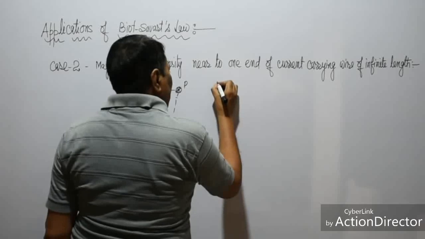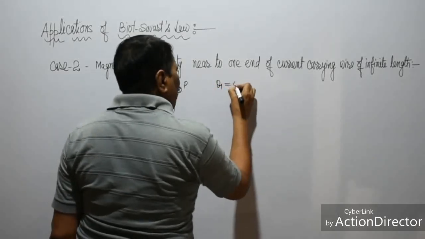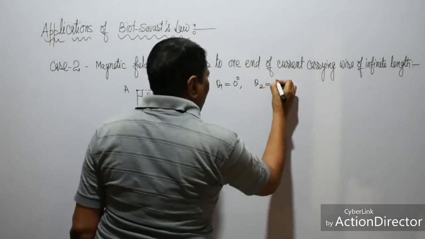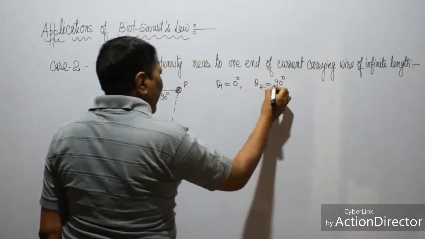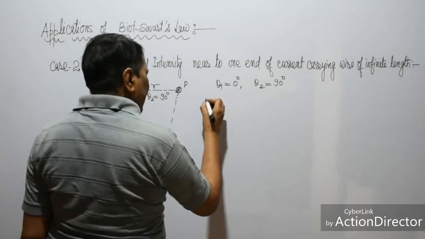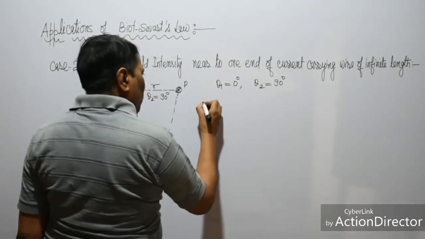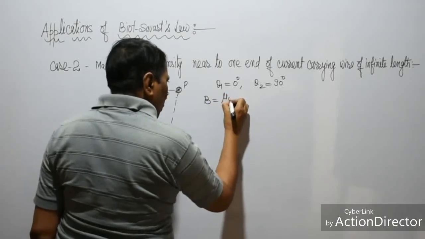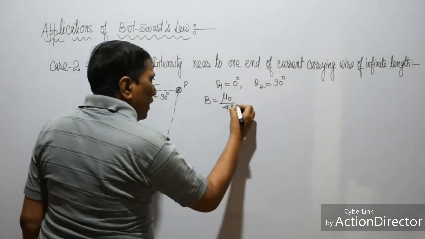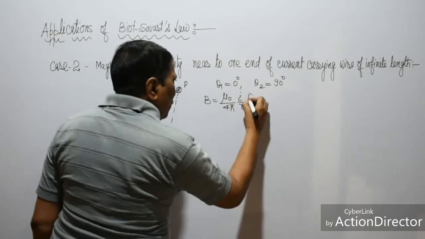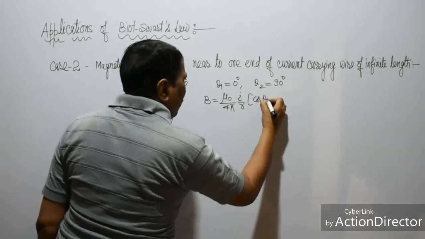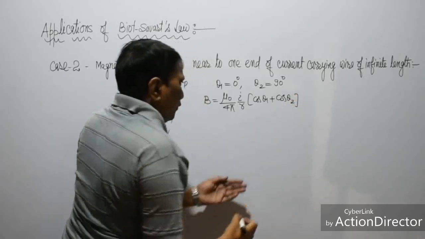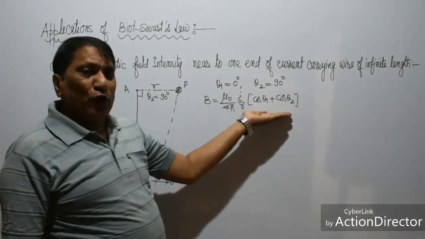That is, theta 1 is equal to 0 and theta 2 is equal to 90 degrees. So applying these two conditions to the formula initially derived, B equal to mu 0 upon 4 pi I upon r, cos of theta 1 plus cos of theta 2, which is the most general formula.